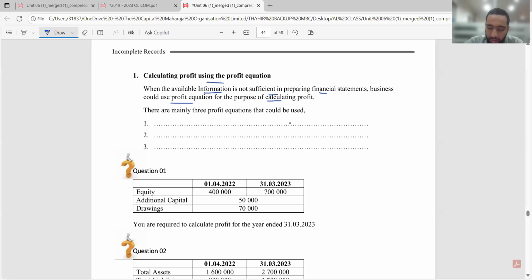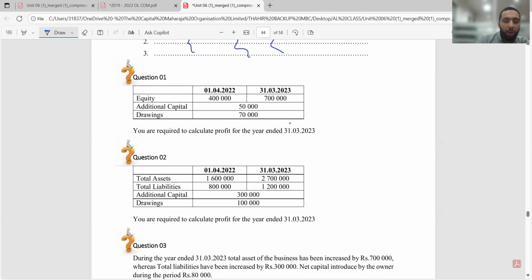Without writing these profit equations, let's first quickly move on to question number one. You are required to calculate the profit for the year. I will give you all 2 minutes. By 5:47, you should have completed this. I'll come back.